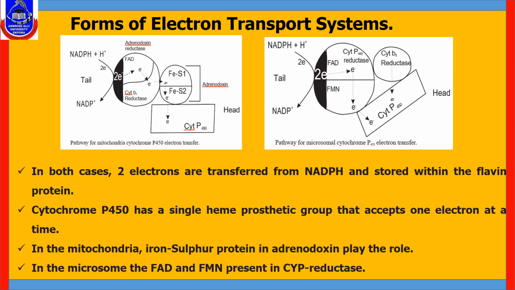In the mitochondria, iron sulfur protein in adrenodoxin plays this role. In the microsomal cell, however, the FAD-FMN present in CYP plays the role of accepting electrons from NADPH.